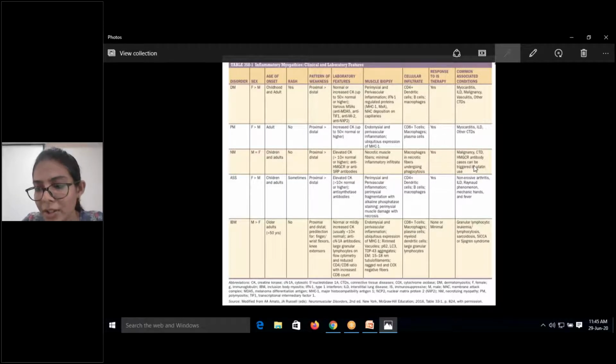So in these patients, if it is not elevated up to more than 10 times the normal, then you can take it like it is a benign entity and you can continue the statins without stopping it and follow up for the clinical manifestations.